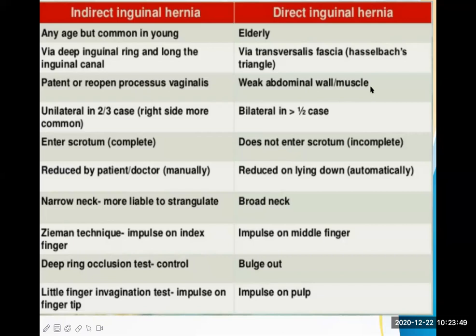That's why a reinforcement technique has to be applied during the surgery. Another one, Zieman's test. If you do that, impulse on the index finger and impulse on the middle finger also depends on which finger is kept where. And these are some other differences you can go through. Please revise this. This is very, very important.